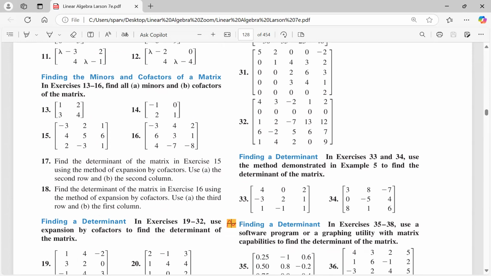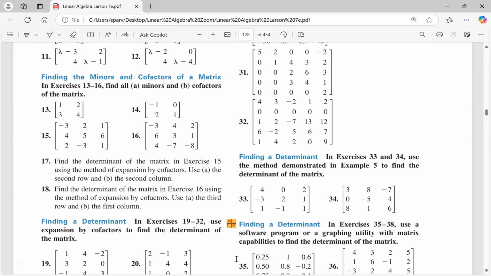Okay, that we can do. All right. So first, I'm looking at maybe exercise, how about number 16? Let's take a look at that one.